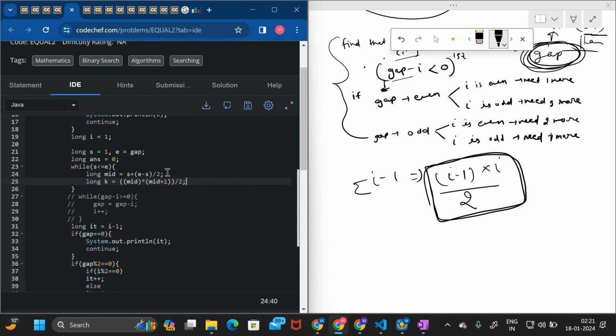So this is the formula for the first n numbers summation, where n is mid. Okay, n times (n plus 1) divided by 2.